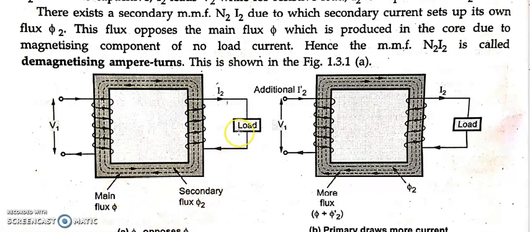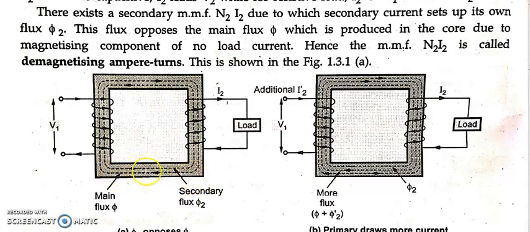Next, when I connect load, I2 will start to flow, so that produces secondary flux phi 2. Let us say phi 2 is 1 Weber, just for example's sake. So 5 Weber is flowing from left to right and 1 Weber is flowing from right to left.